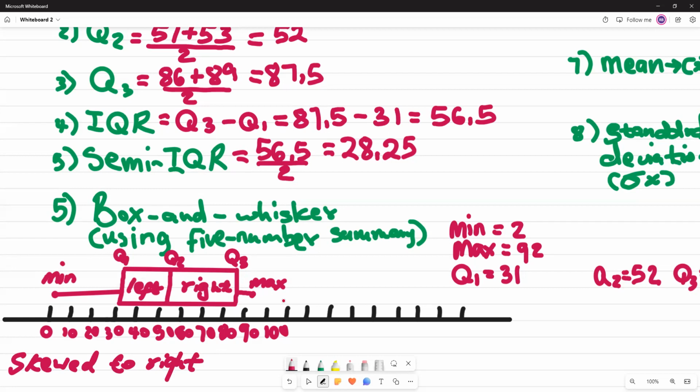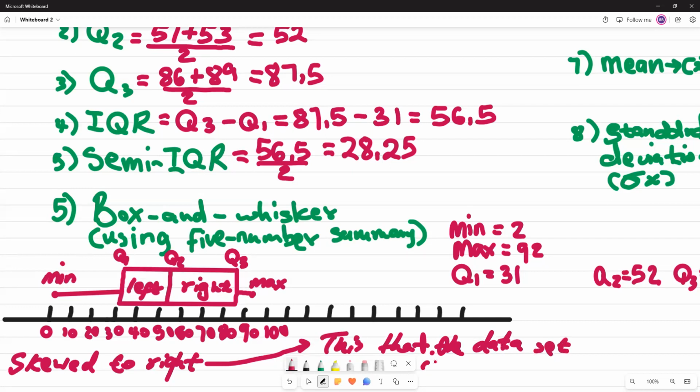Or you can say positively skewed. And then they can ask you, what does this mean? This means that the data set is mostly distributed to the right of the mean.